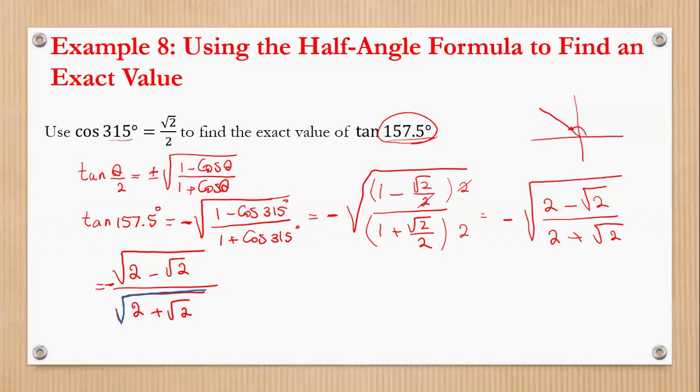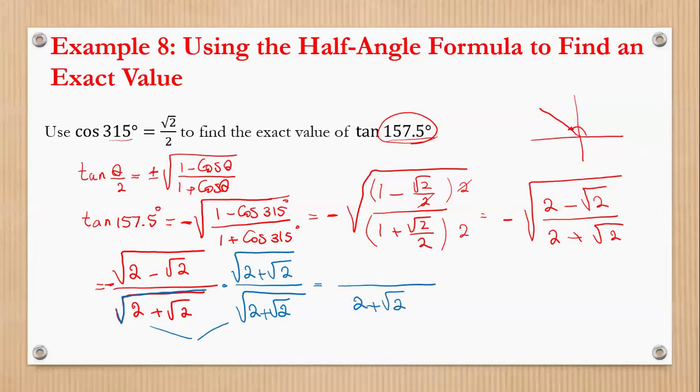If you have only one radical, to rationalize, you just multiply by the same whole radical. That helps you get rid of the big radical, and you only have 2 plus root 2 on the bottom without the big radical on top of that. And for the numerator, I can multiply 2 minus root 2 by 2 plus root 2 under a big radical.